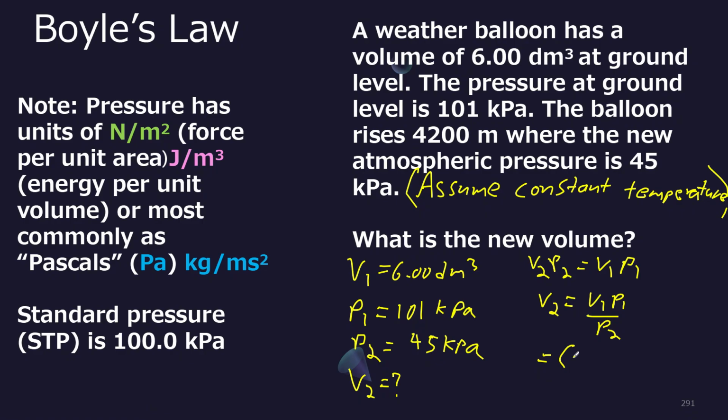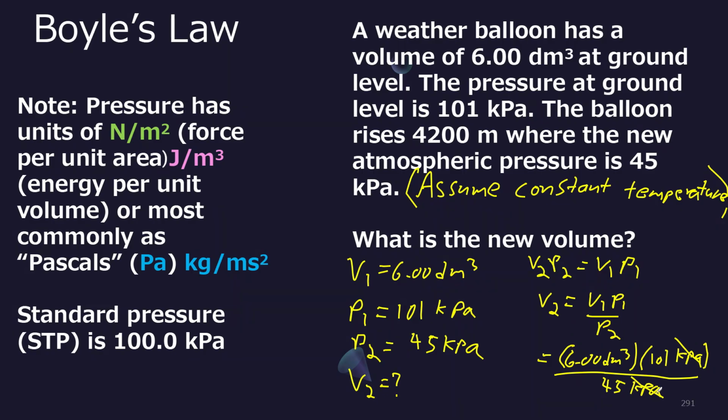And put my numbers in: 6.00 decimeters cubed, 101 kilopascals, divided by the new pressure, 45 kilopascals. So you can see these kilopascals units will cancel out. You don't have to convert them to regular pascals in this particular equation.